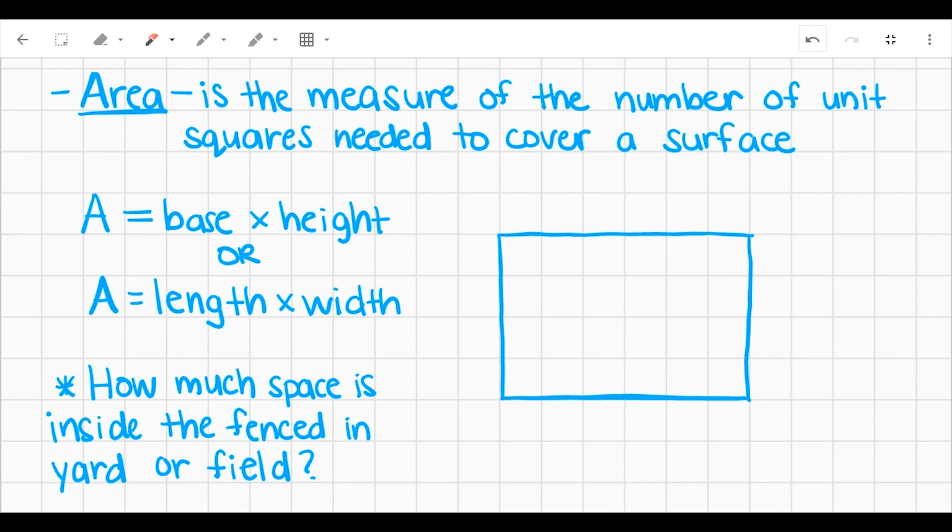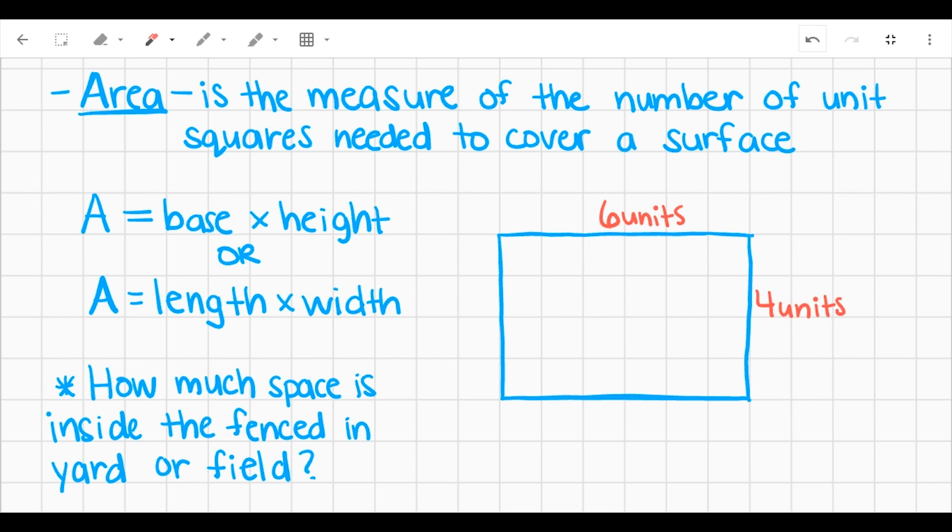So if we see this rectangle, we want to know how much space is inside the fenced-in yard or field. So we have the same field or yard, and now we want to know how much space is inside. So we know that our base or our length across the top we found was 6 units. And our width or our height is 4 units.